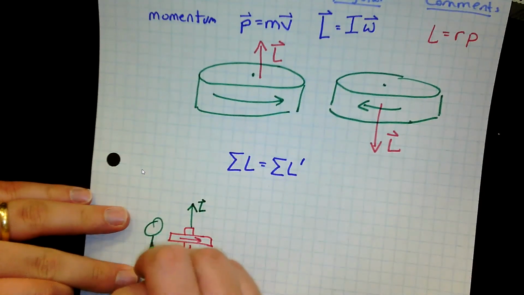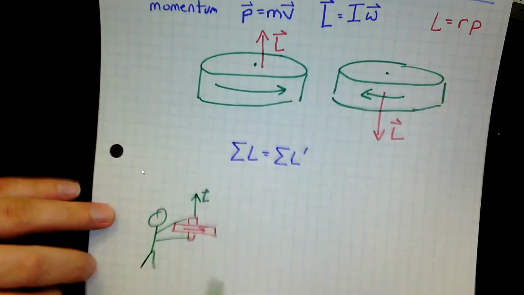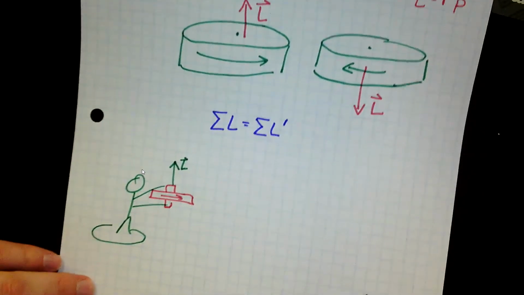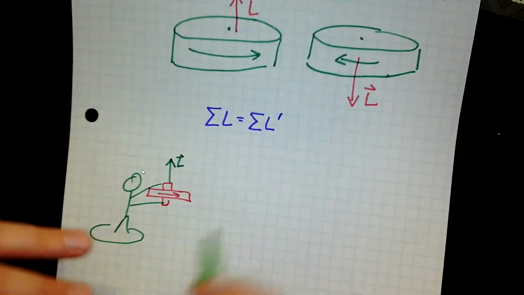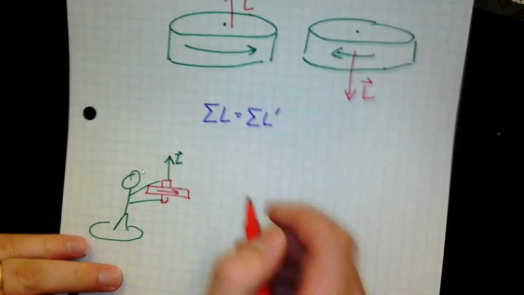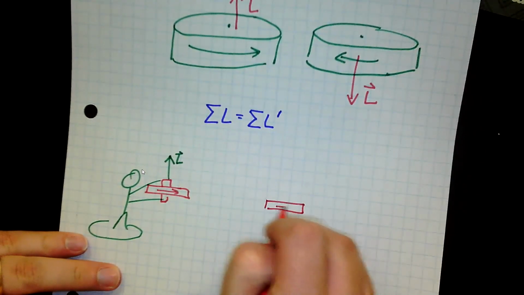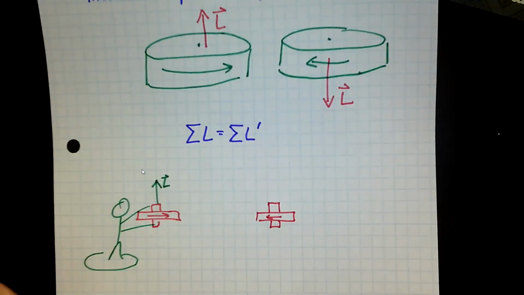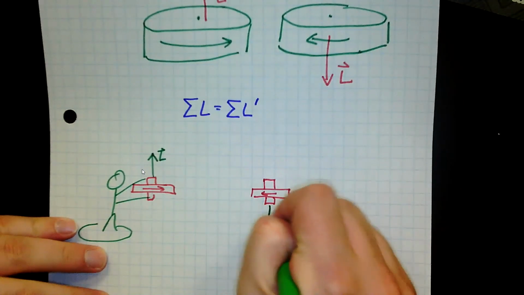And I'm going to be standing here, and this turntable is going to have no angular momentum. If all of a sudden I flip this thing so that I have downward angular momentum.